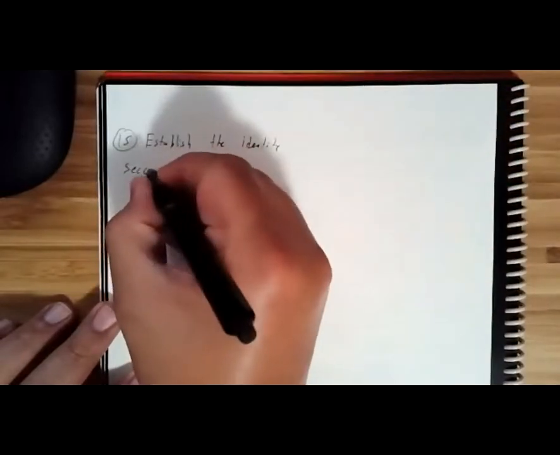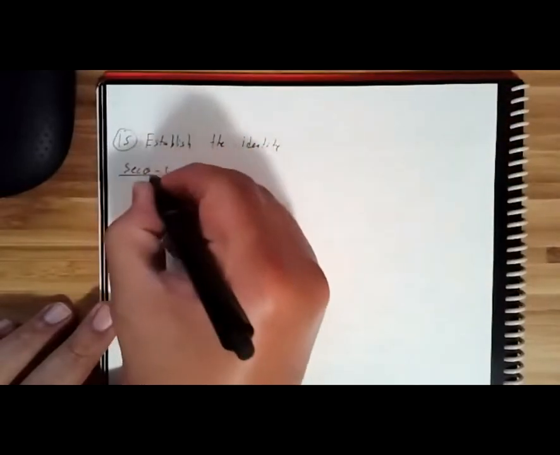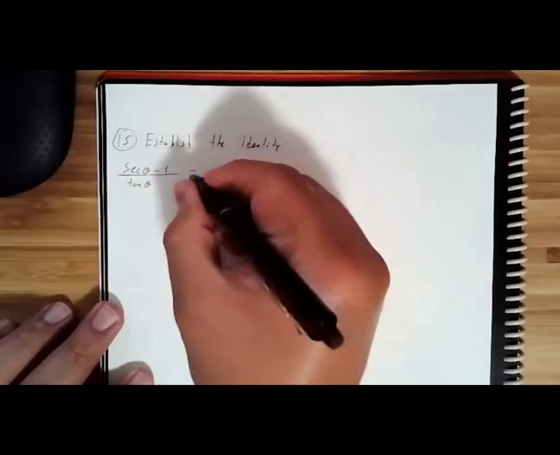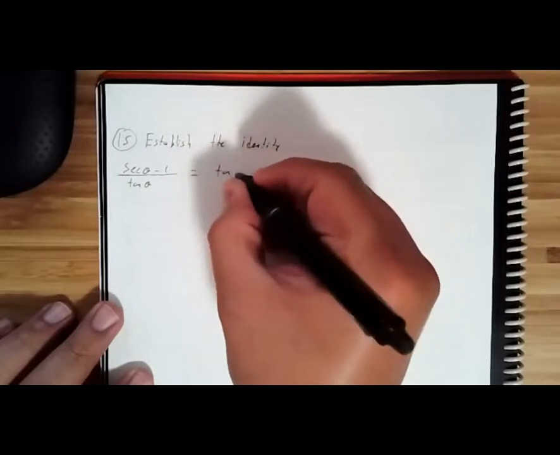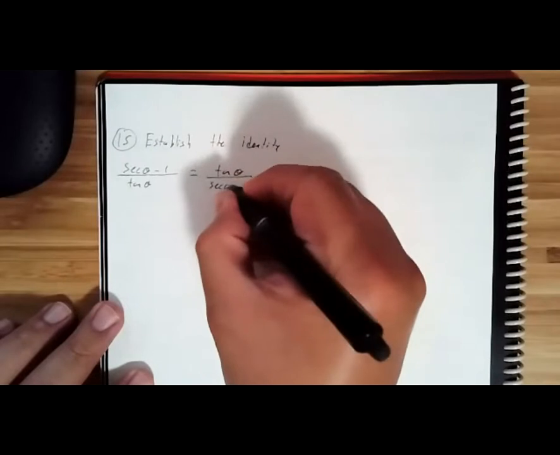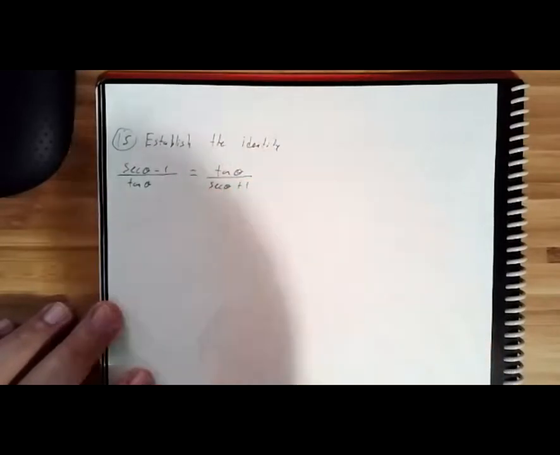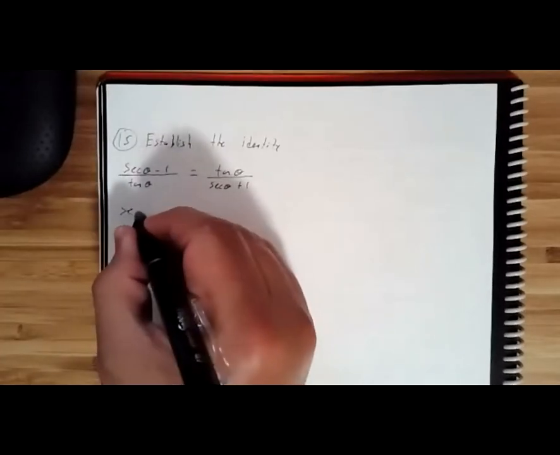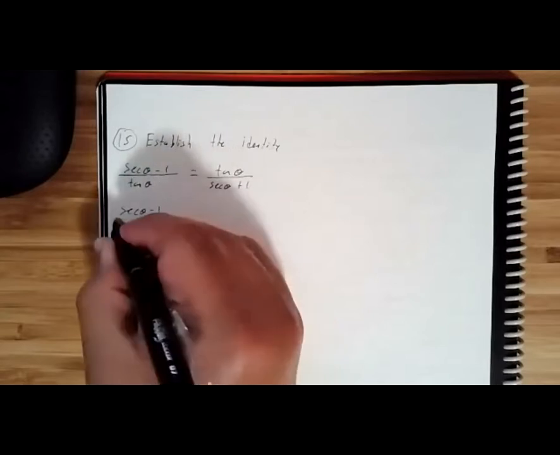So secant theta minus 1 over tangent theta is equal to tangent theta over secant theta plus 1. So you choose a side and you try to get to the other side. So I'm going to choose the left side, I guess.